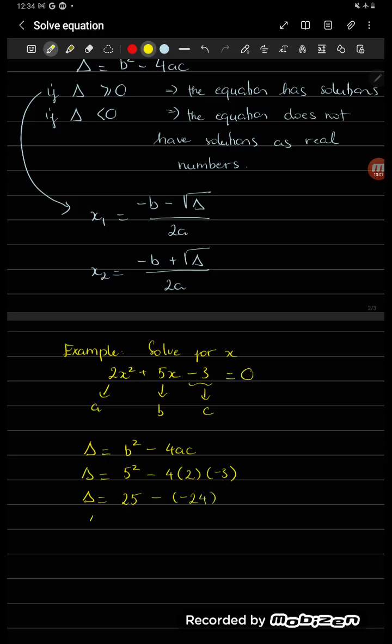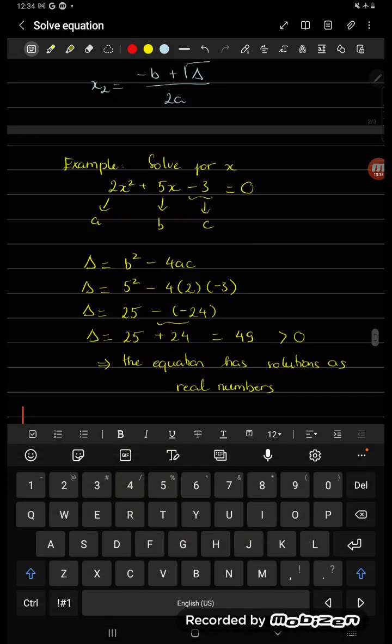Two negatives become positive, so it becomes plus 24. So delta equals 49. Because delta equals 49, which is greater than 0, the equation has solutions as real numbers.